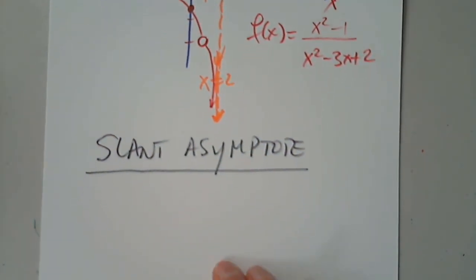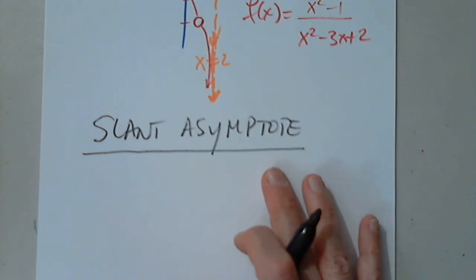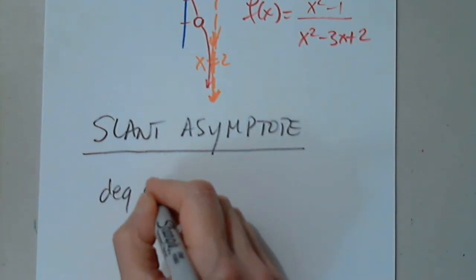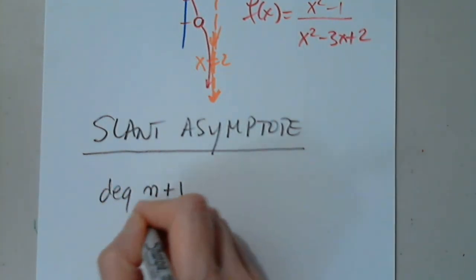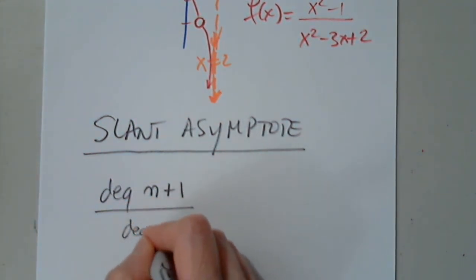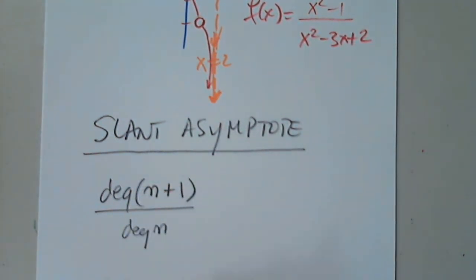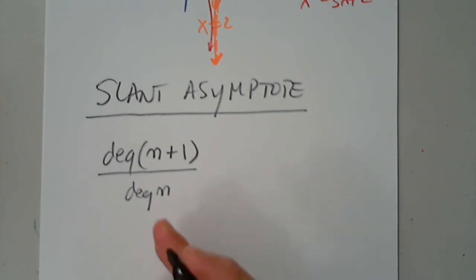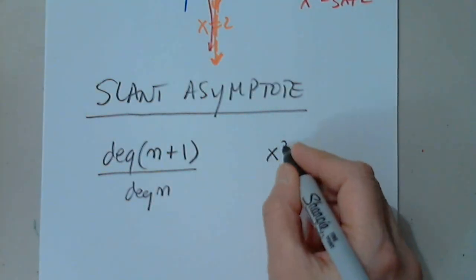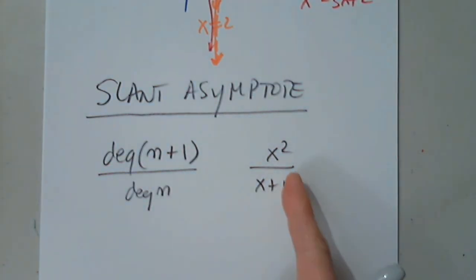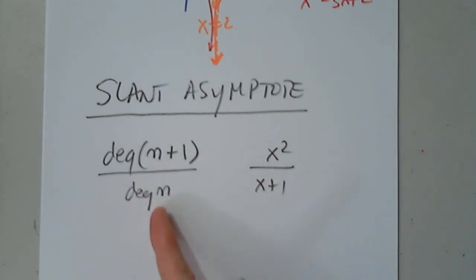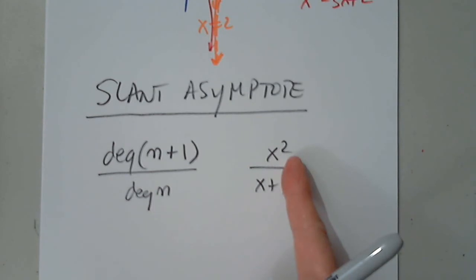Which rational function has a slant asymptote? Degree n plus 1 and degree n. So, for example, x squared over x plus 1. Degree 2, degree 1. Or degree 1 and 1 more.